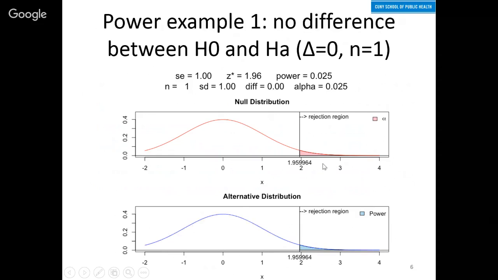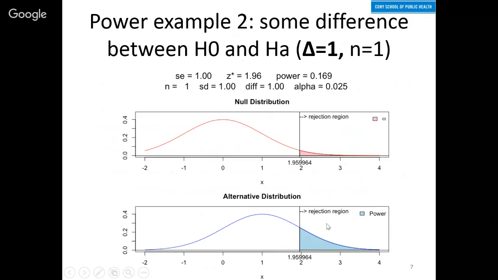But what happens if we hypothesize that the distribution under our alternative hypothesis is actually true, and this difference in means is not 0? So we have an alternative hypothesis that the difference in means between our two samples is 1. And if that is true, our probability of getting something out in this rejection region actually becomes quite a bit larger than 2.5%.